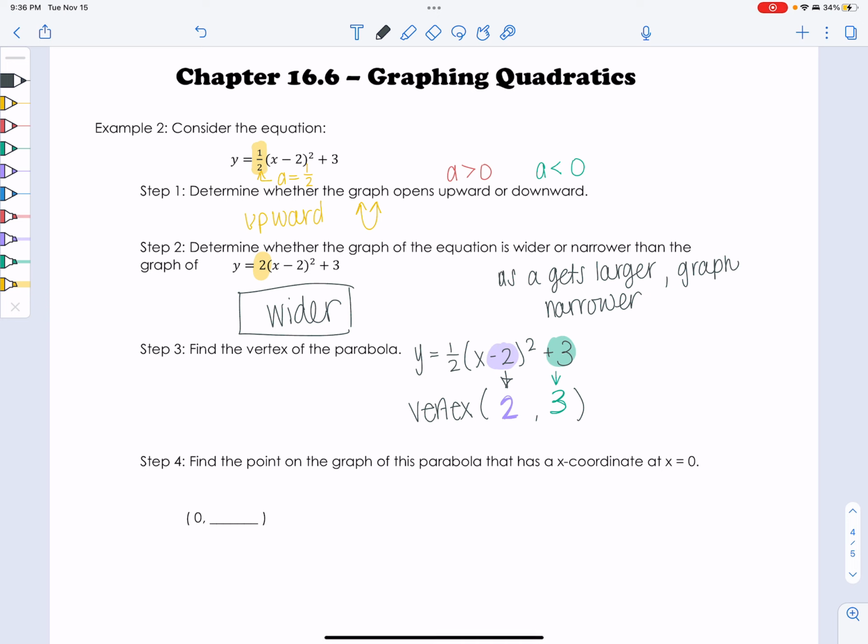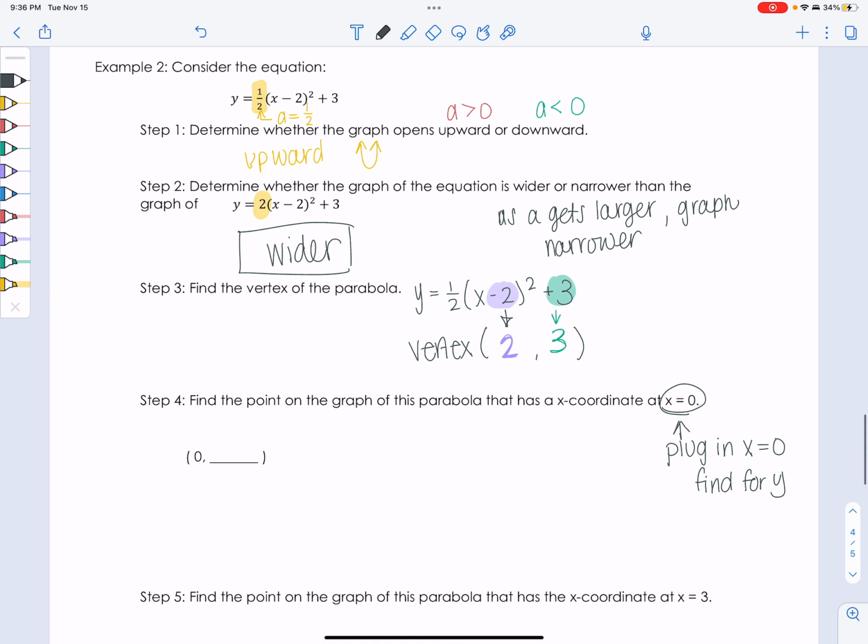And then it's going to say find the point on the graph that has the x coordinate at x equals 0. All that means is you are going to plug in x equals 0 and then solve for y. Okay, so I've got all of this. y equals 1/2 times (x minus 2) squared plus 3.